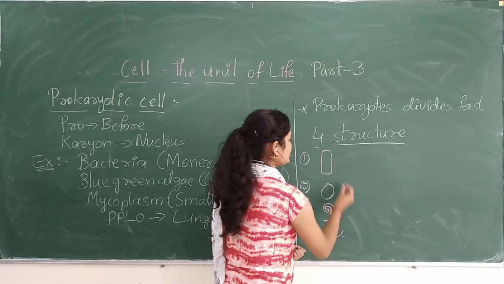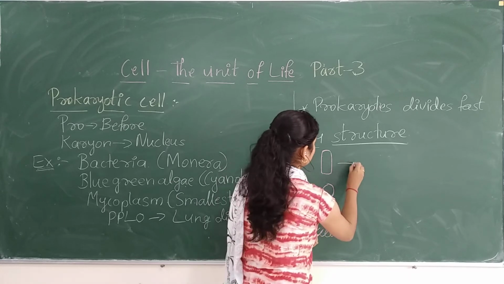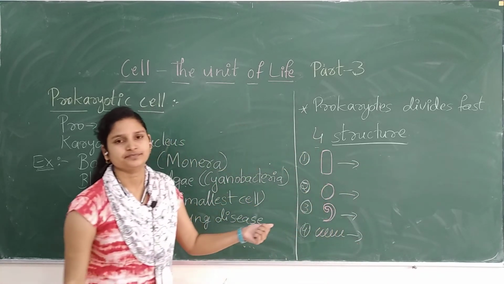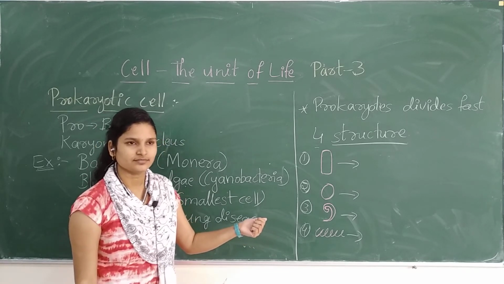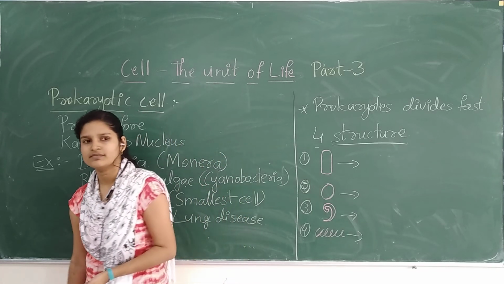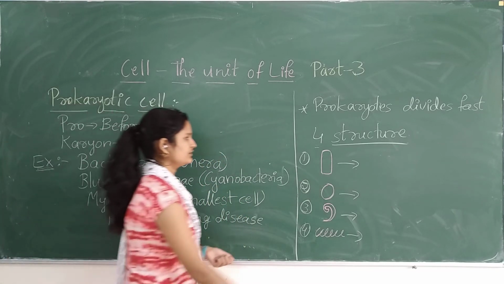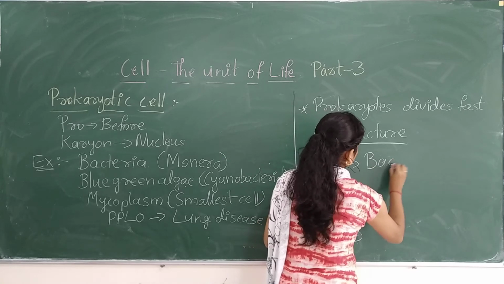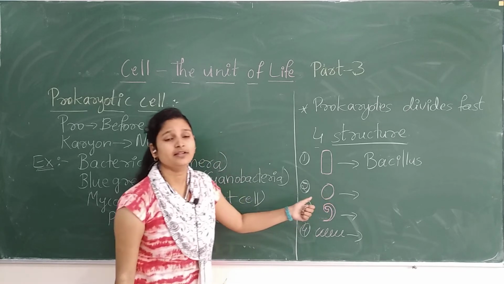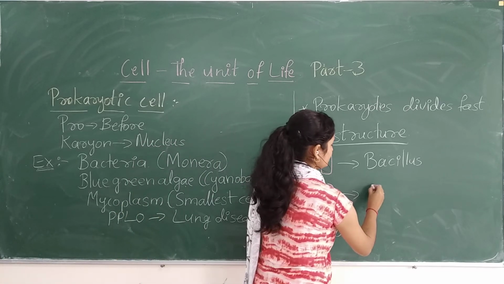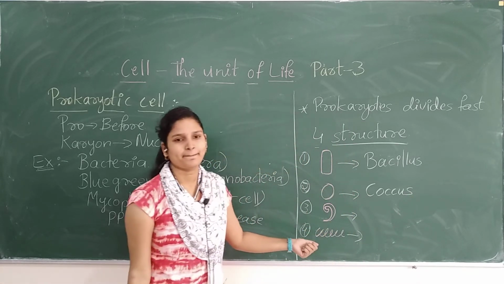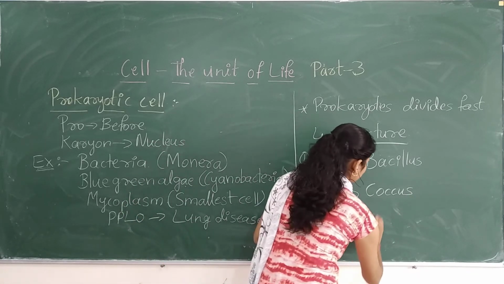And spiral shaped. So what do we call the rod shaped bacteria? Bacillus. And the spherical? Coccus. Very good. Then comma shape? Vibrio.